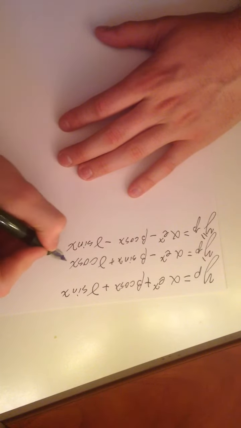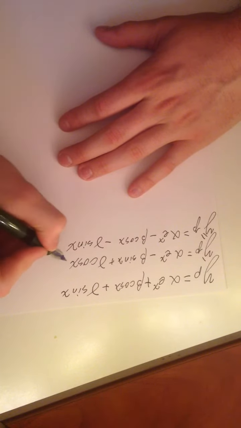When plugging it back into the equation, you get alpha e to the x minus beta cosine x minus gamma sine x, minus 2 times the whole thing of alpha e to the x minus beta sine x plus gamma cosine x, minus 3 times the whole thing of alpha e to the x plus beta cosine x plus gamma sine x, which is equal to 2e to the x minus 10 sine x.